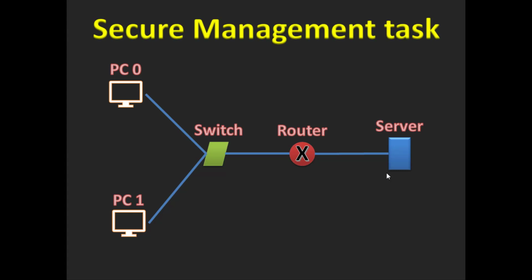So what tasks will we be performing in this case? The first task is that the ping from PC0 to the server will be successful, and the ping from PC1 to the server will fail.